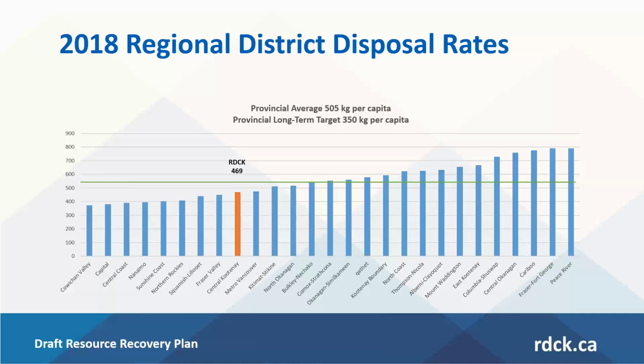We were higher in 2020. The province has set a long-term target of 350 kilograms per capita as the provincial average. As you can see, there are regional districts that are already approaching that. And so really, the RDCK could do better.